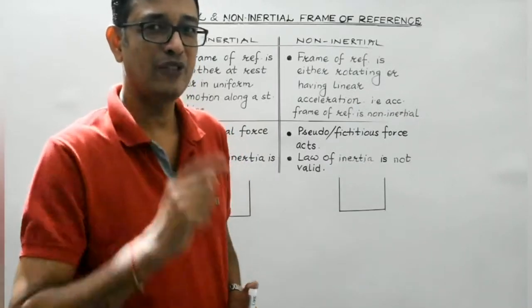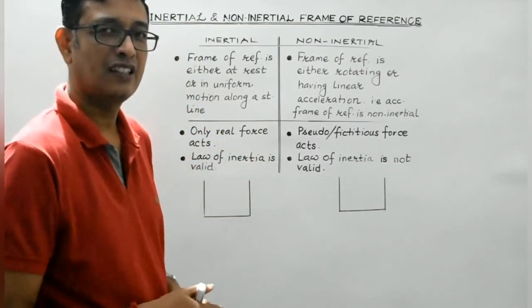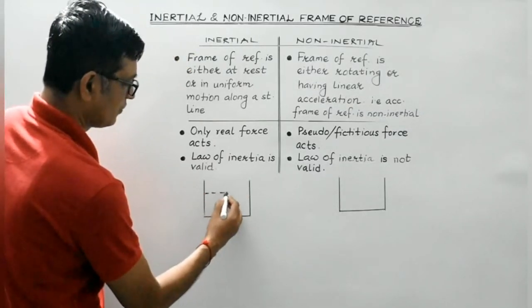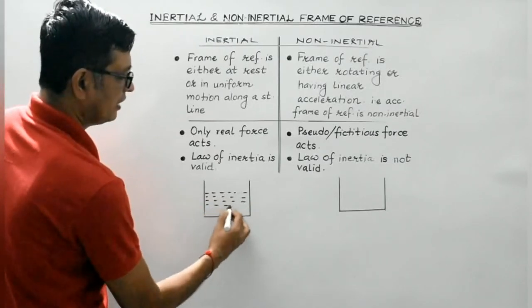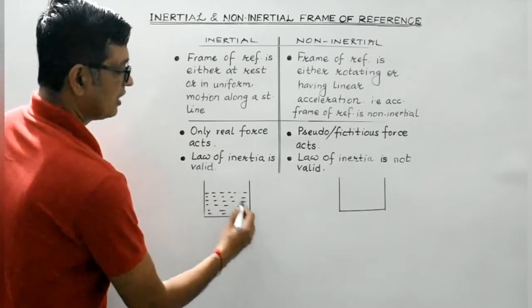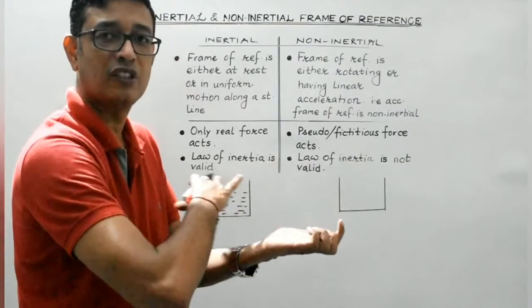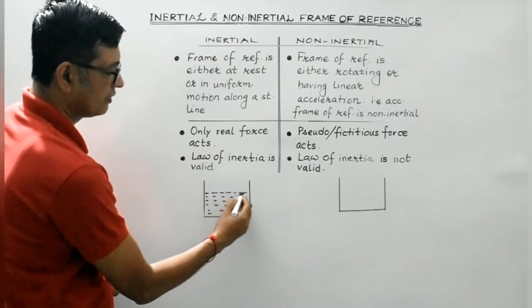Again, let me elaborate with a very simple example. Suppose this is a beaker and it is half filled with water. In case it is kept in a vehicle which is at rest and it is placed on a perfectly horizontal surface, then the level of water would remain like this.